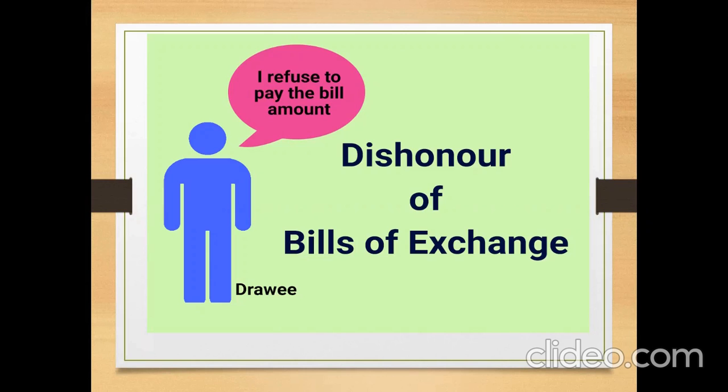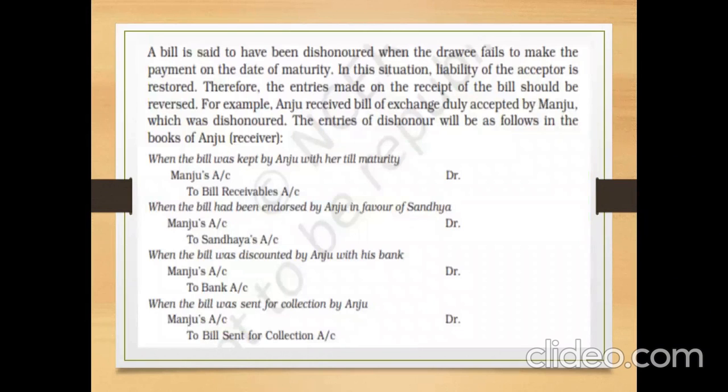And there are certain journal entries which are to be made in a reverse manner in the books of drawer. We'll see a simple example which will make you clear about the dishonor of bill.